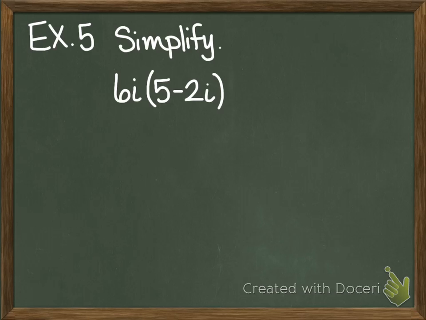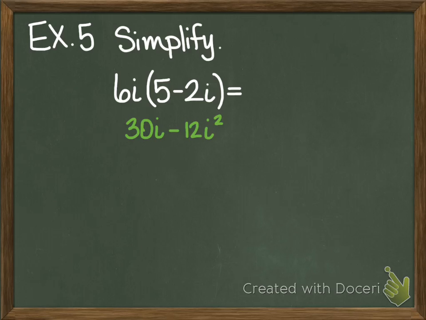Okay, now in example 5, we're going to simplify by multiplying an imaginary number. So I have a 6i outside of the parentheses being multiplied times 5 minus 2i. So we're just going to distribute. 6i times 5 will be 30i. Then 6i times negative 2i gives me negative 12i squared.